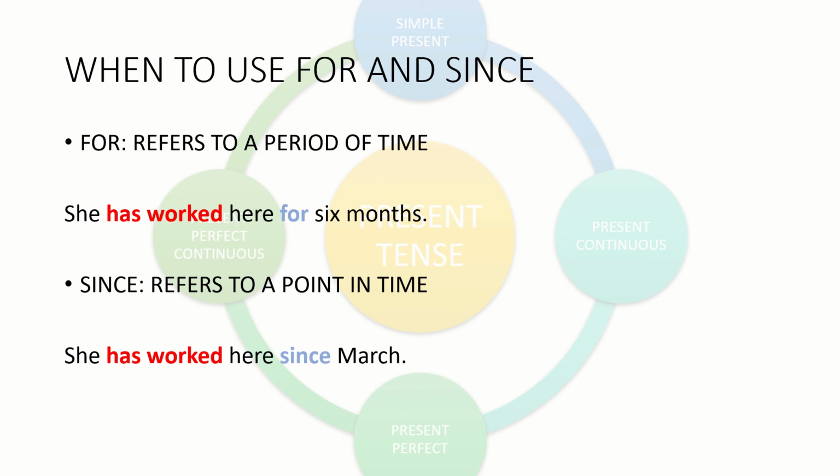She has worked here since March. So if you count back, then March till August is exactly 6 months. So then that is more definite. That is a fixed point in time. So in such a place, we use since, and for a bigger period of time, we use for, but it is not exactly very specific or very well pointed.